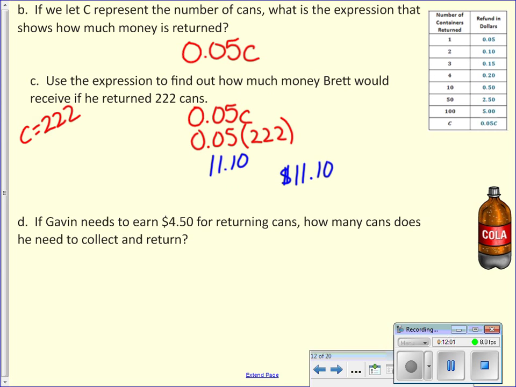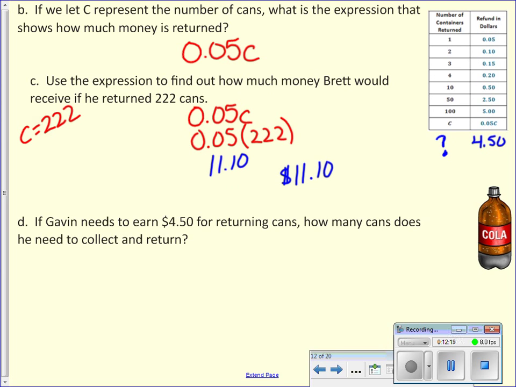So now Gavin needs to earn $4.50. That's our given. How many cans does he need? That's what we need to know, how many cans.